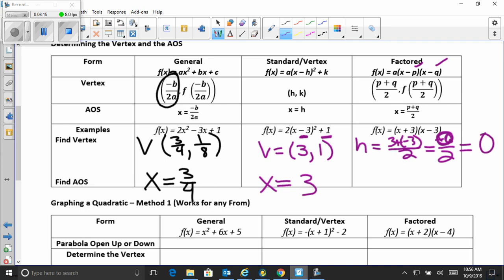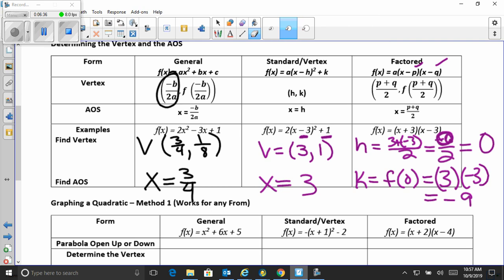That's a nice point to get, because 0 is kind of easy to plug in. So then I'm going to plug 0 into the function to find my k. That means I'm doing the f of 0, which is 3 times -3, which is -9. There we have our point.